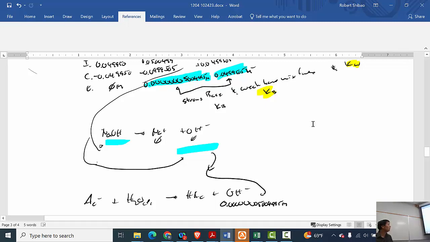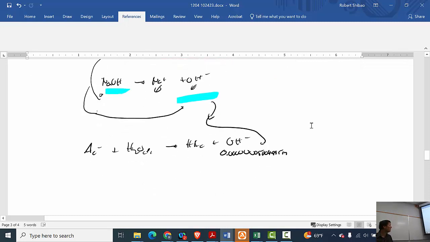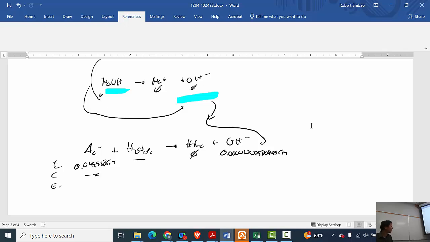The acetate is 0.0499505. So this is minus x, plus x, plus x. So we have 0.0499505 minus x molar, and this plus x.